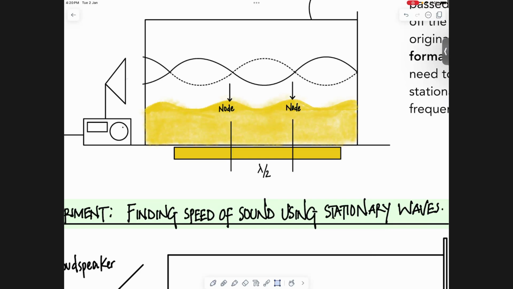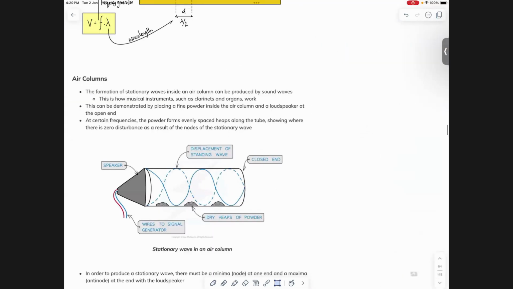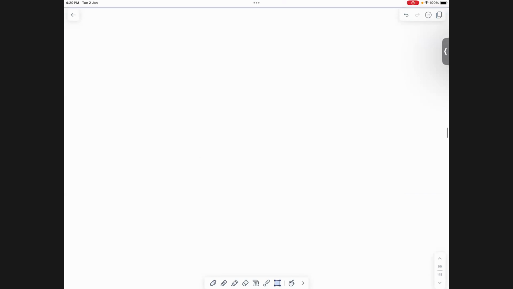Okay, right. Let's move on to it. Stationary waves in pipes. Many questions come from here for you, so we'll focus on this.